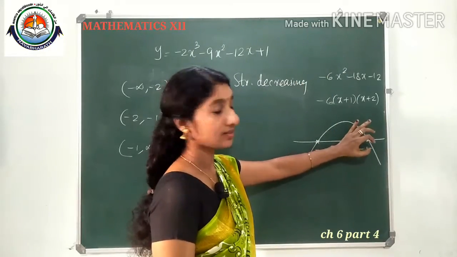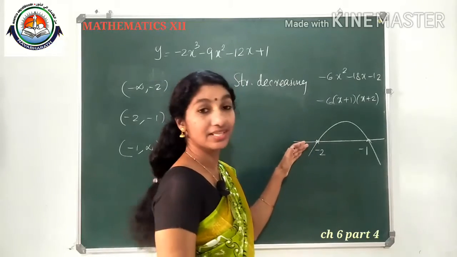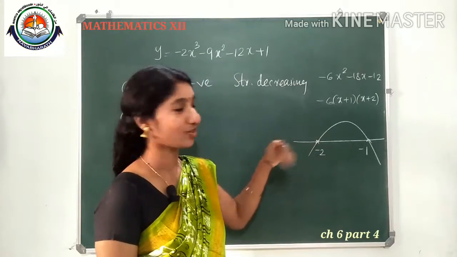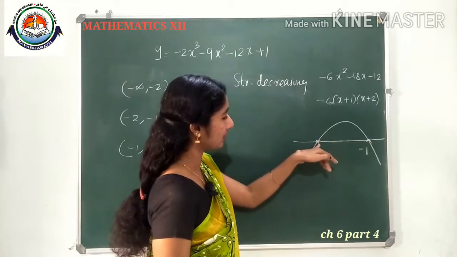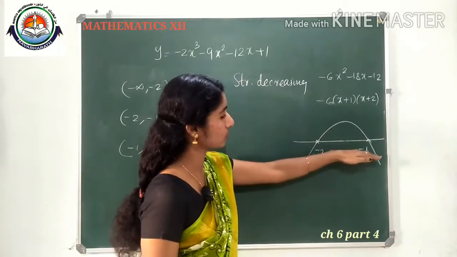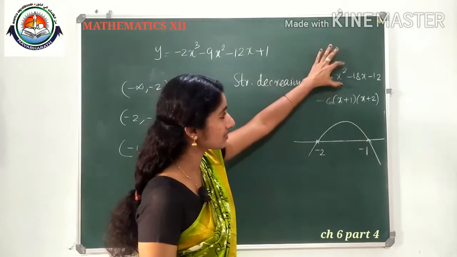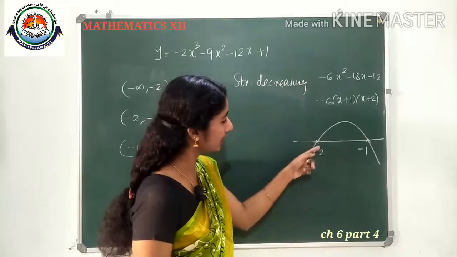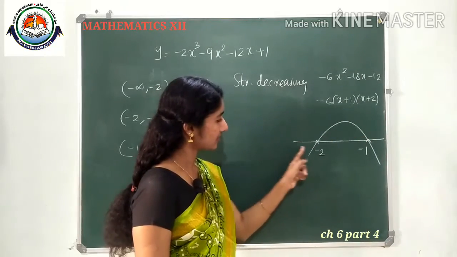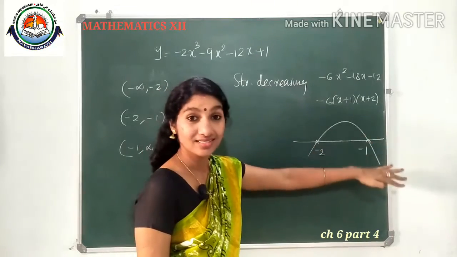And we need to check, by looking itself it is easy to check whether dy by dx is less than 0 or greater than 0. In which interval is it greater than 0? From minus 2 to minus 1, the curve is above the x axis, so dy by dx is greater than 0. In the interval minus infinity to minus 2, the curve is less than 0, under the x axis.